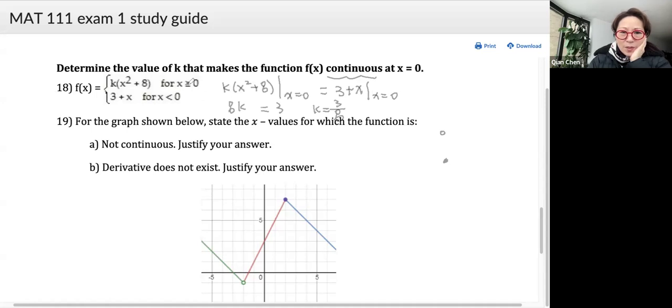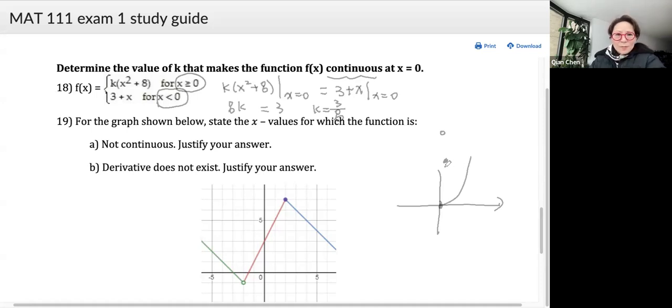Right? Continuous means at the point where 0 is different, right? So this is x equals 0. When x is greater than 0, the function is defined as a parabola, degree 2. When x is less than 0, it is defined as a line, straight line, right?